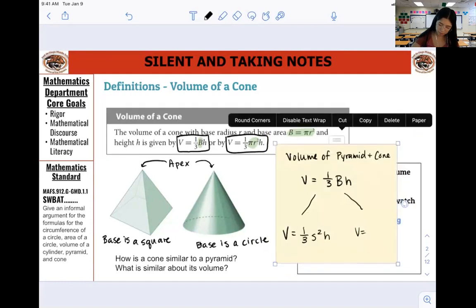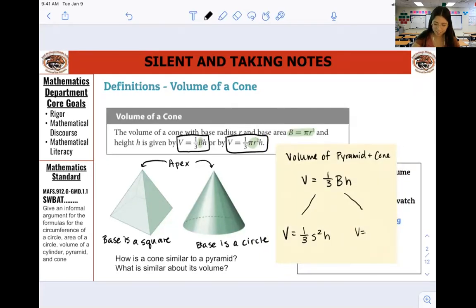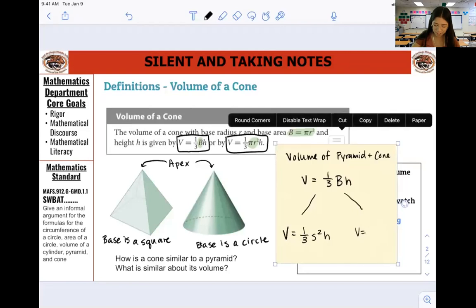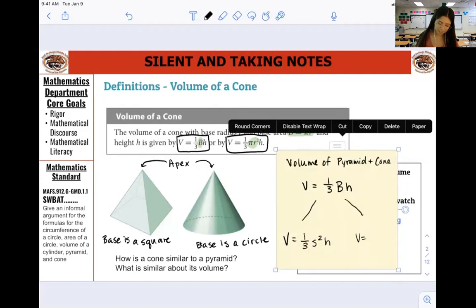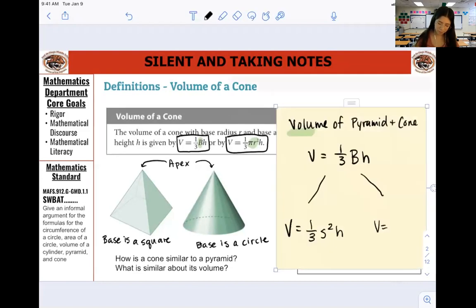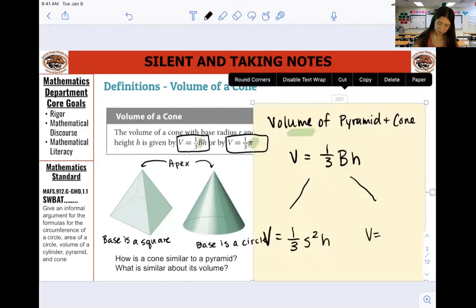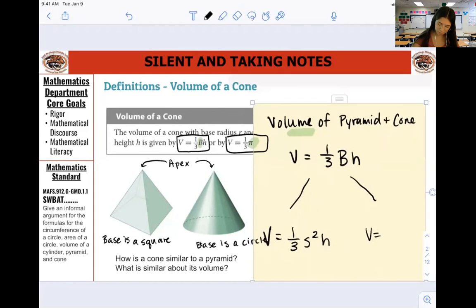I'm literally just trying to write 1/3. You all see this, right? It's not just me. Maybe if I make it bigger. Nope.